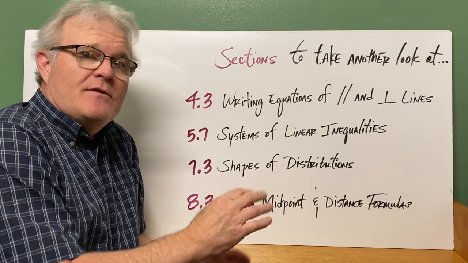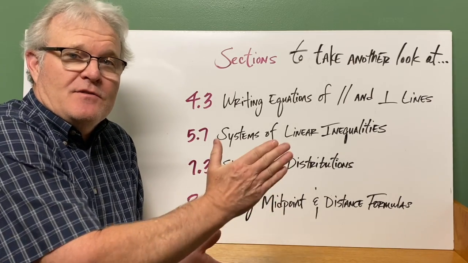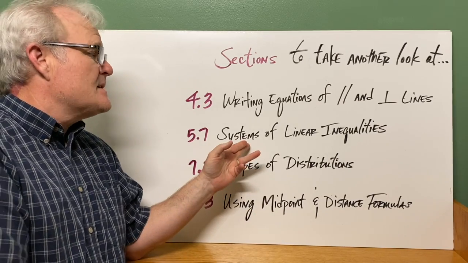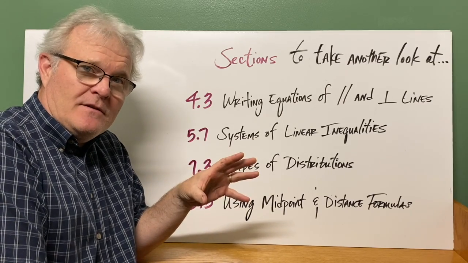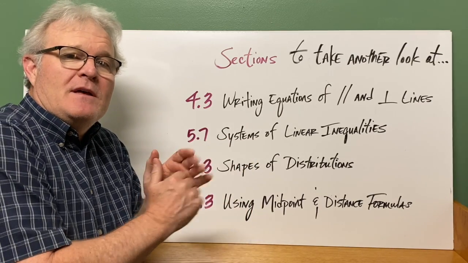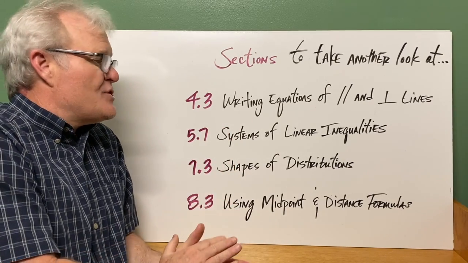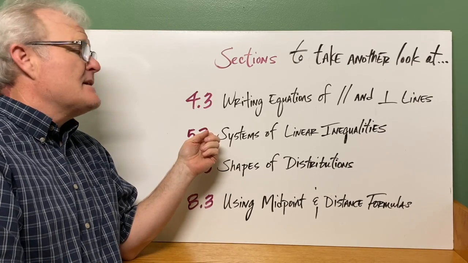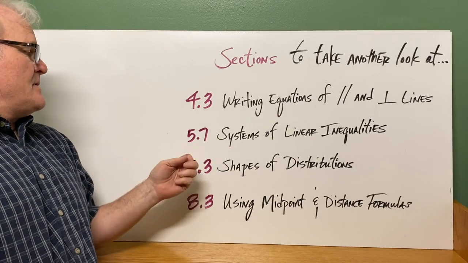Usually it was 0, 0 to see if it worked, and then you shade the side of 0, 0 if it worked, or the other side if it didn't. With systems, you have 2 of them together, you graph both of them, and where the two shades intersect, that would be your solution. So that was a really good section that we did.